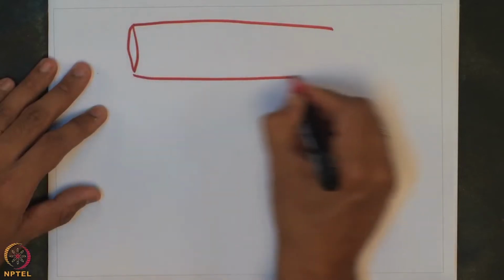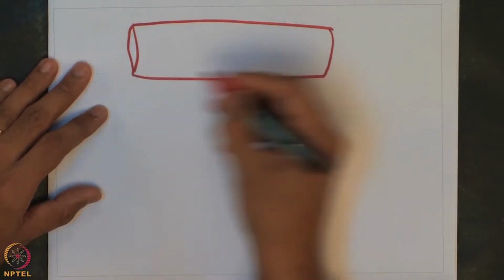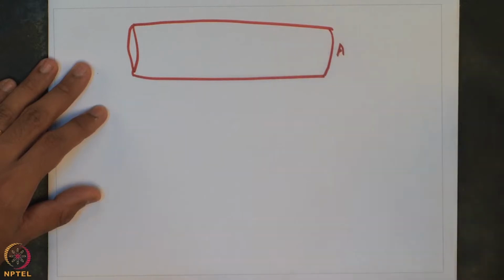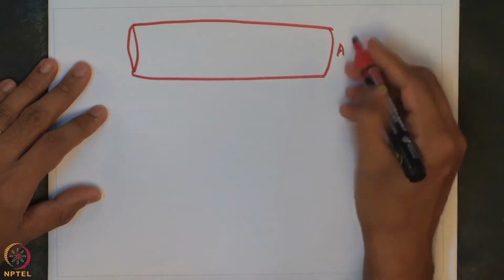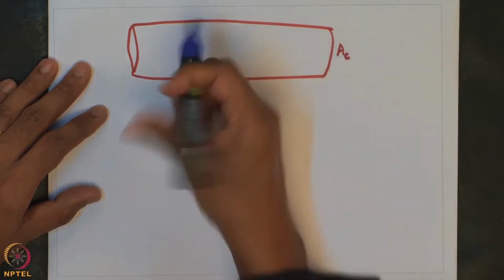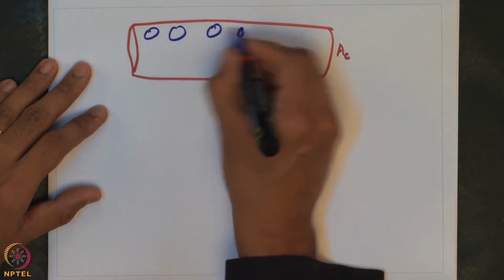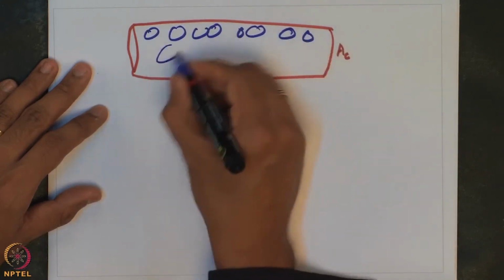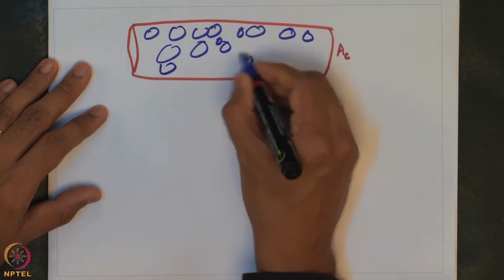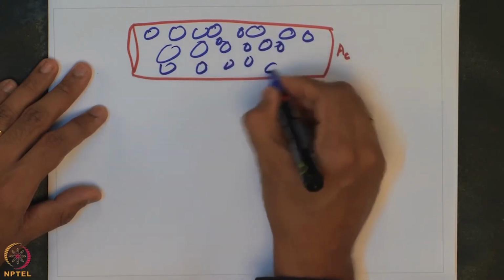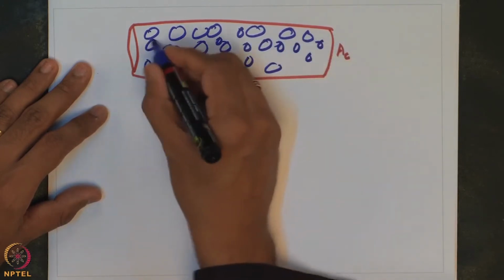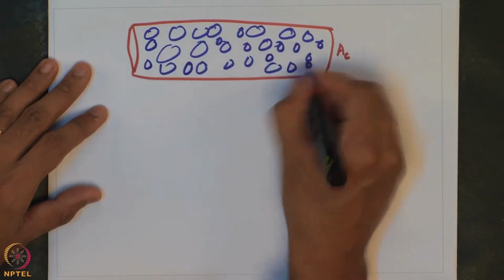So, we have a reactor whose cross sectional area is AC, and we have catalyst filled inside. Reactor is packed with catalyst.